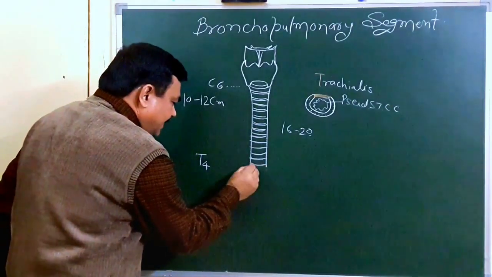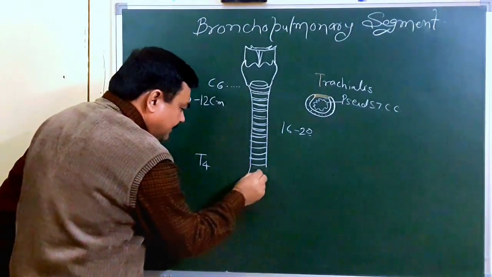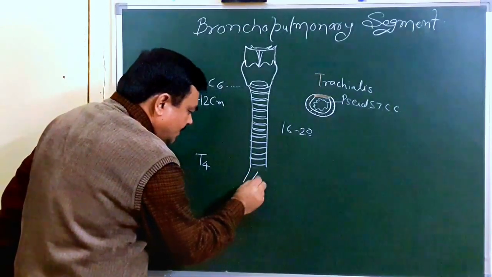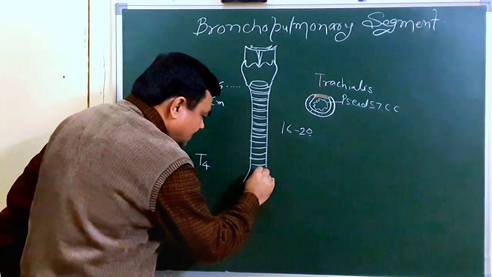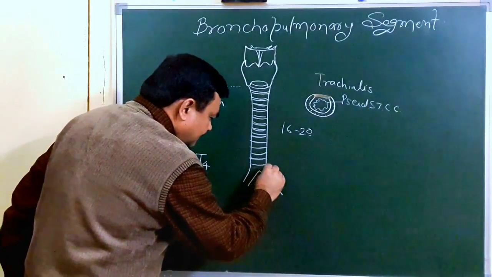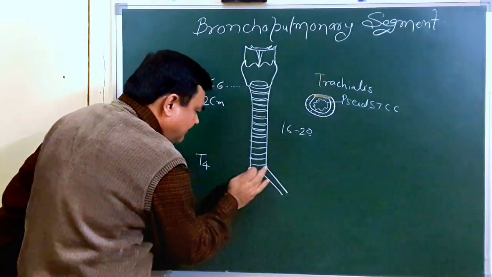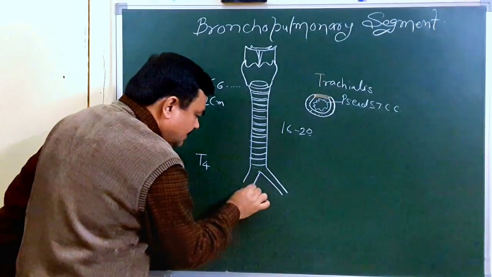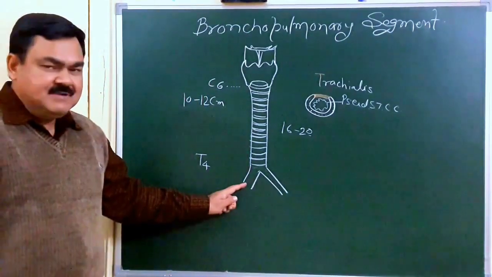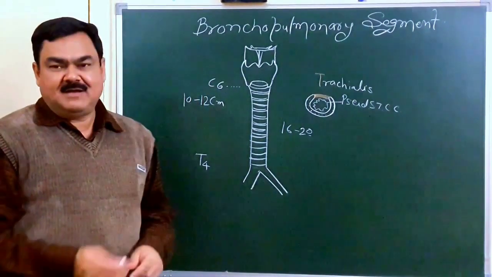At this level, it divides into two principal bronchi, right and left principal bronchus. This is the right principal bronchus, this is the left principal bronchus.